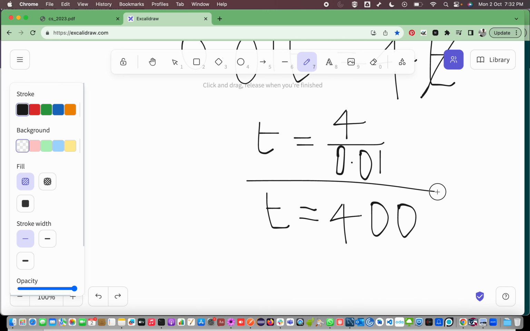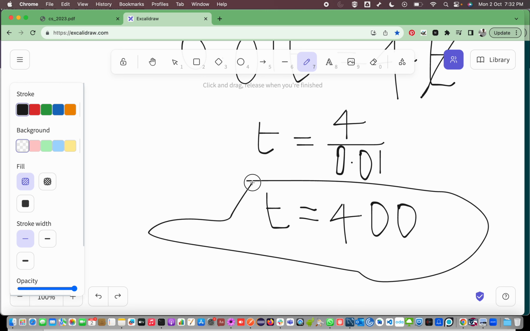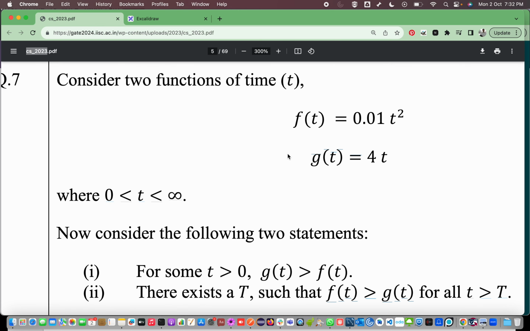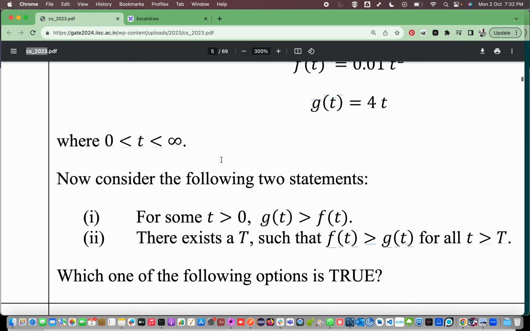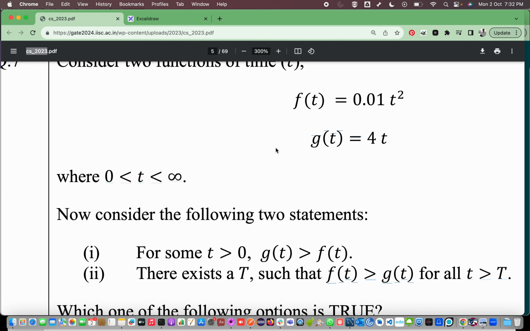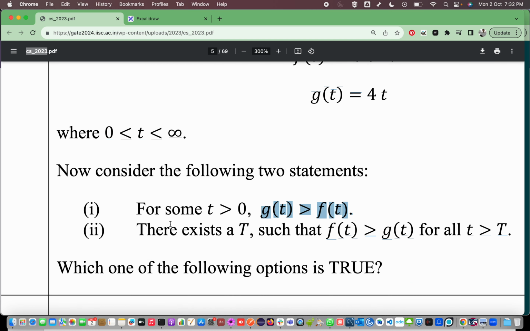400 should be the break-even point at which both f and g are equal. So until t reaches 400, f(t) is less, which means g(t) is greater. Okay, this is correct. There exists a t, which means some cutoff, that is 400, such that f(t) is greater.